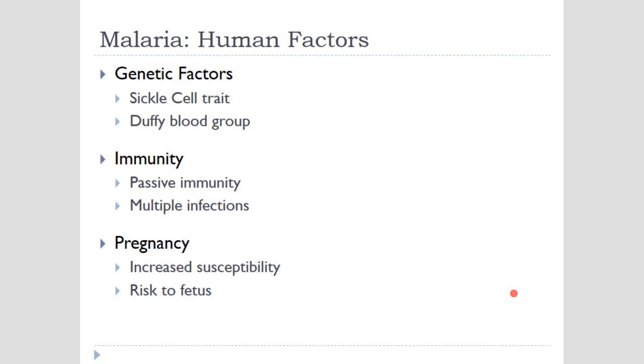We do care about pregnancy because there is increased susceptibility and there's a risk to the fetus as well. There's intrauterine death, and not only morbidity but mortality of pregnant women getting malaria infections is very high. Also keep in mind that if you were to give them drugs, these drugs have to deal with the complicated life cycles of this microorganism.